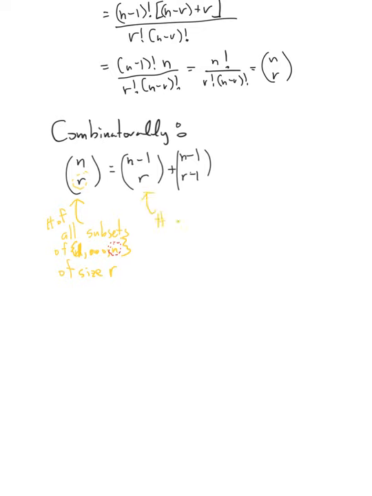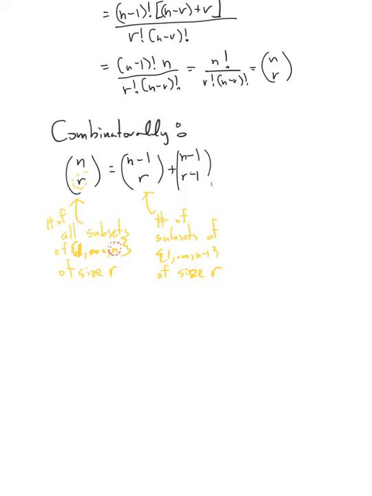So these are the number of subsets of the numbers from 1 to n minus 1 of size r. And these are also subsets of 1 to n, right? All the numbers from 1 to n minus 1 are included in 1 to n. So if we know these, we know some of the ones from 1 to n. But the other types of subsets here are going to include n.